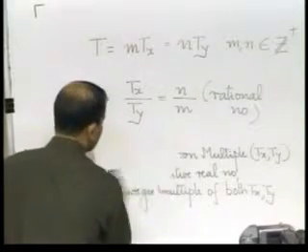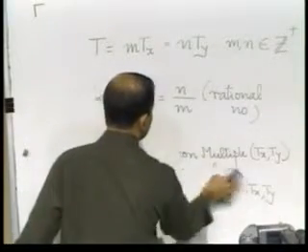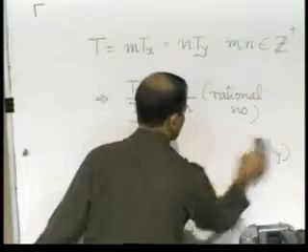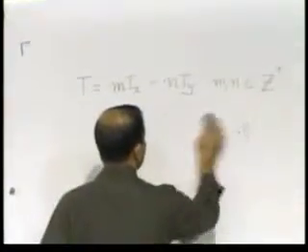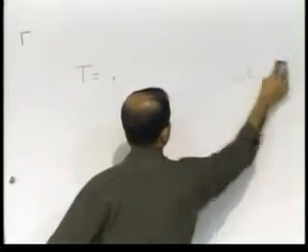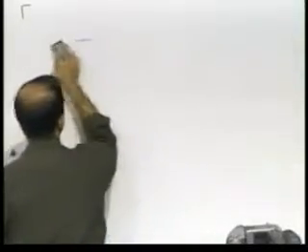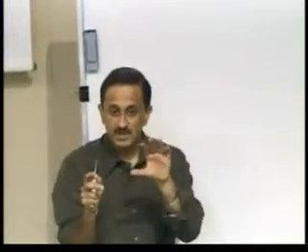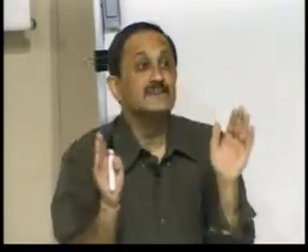So the point is that in the case where Tx by Ty is rational, we can consider a common period, and in that case we can define a cross correlation between periodic functions. There, the meaning of cross correlation is to take the product of the shifted version of one function and the other over one interval.